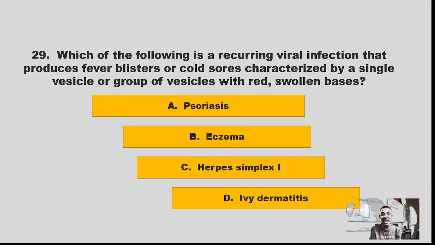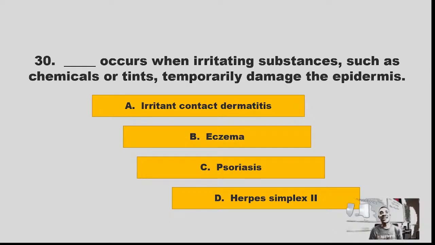Ooh, IV dermatitis. Okay. Which of the following is a recurring viral infection? And if you chose C, herpes simplex 1, you are correct. On to our next question.